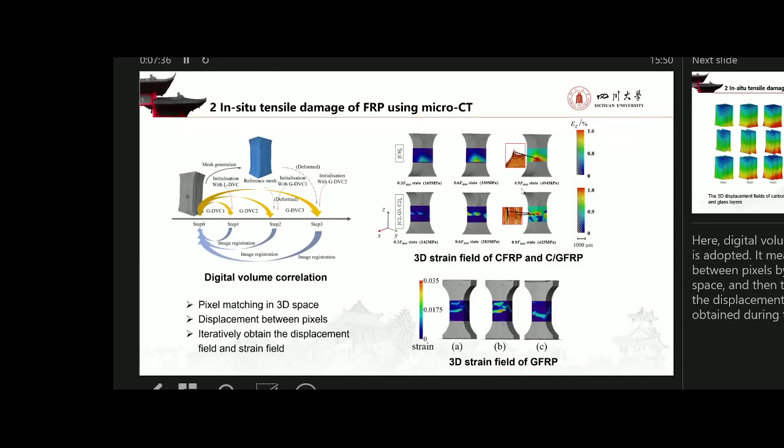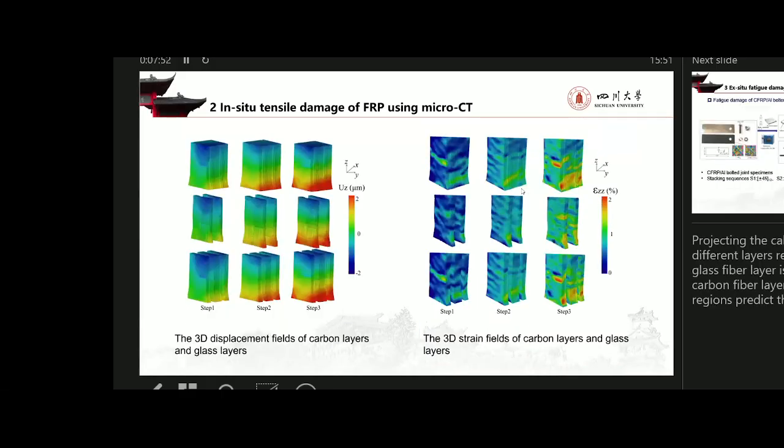Then we use digital volume correlation by pixel matching in 3D space. We can get the displacement distribution and the 3D strain field. This shows the 3D displacement field of carbon fiber layers and glass layers.